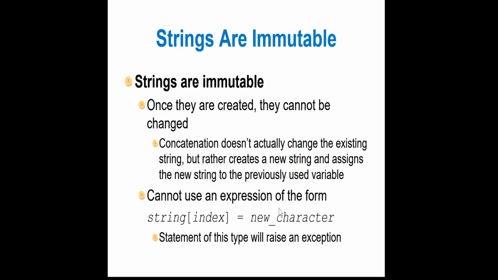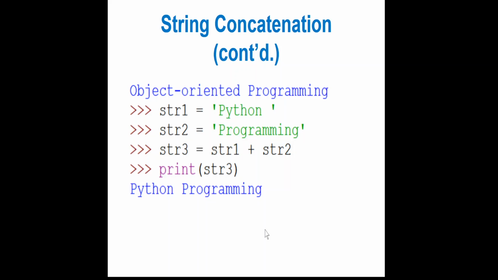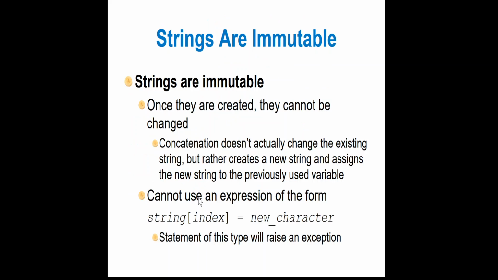I mentioned the immutability of strings. We cannot change their values. We cannot access a certain index and change it. That's not possible. Let's say I take string 1, index 0, and change the capital P to a lowercase p. It will not be accepted. It will raise an exception, you will have a problem, and your program will halt.